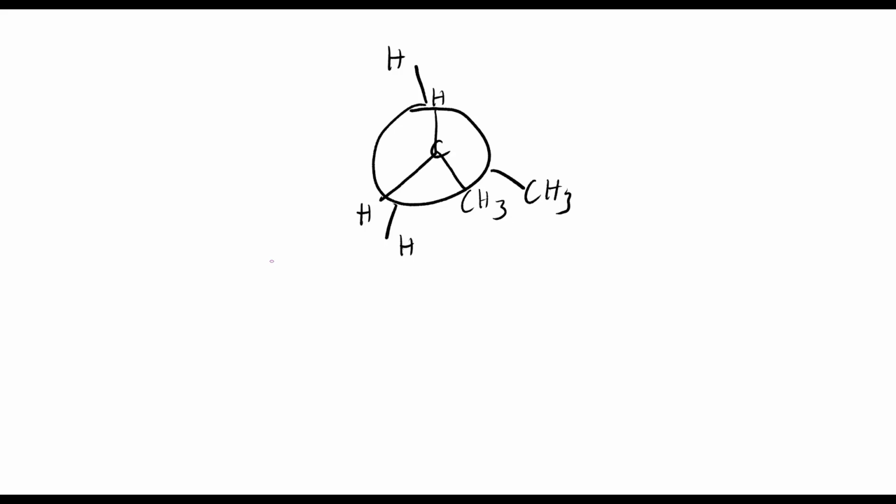This would be really bad because notice that these methyl groups, the CH3 and another CH3, are really close together, and they experience something called steric strain. Steric strain is, for example, let's say you're trying to get on a bus, and 2 sumo wrestlers come in the bus and try to sit next to each other, right?